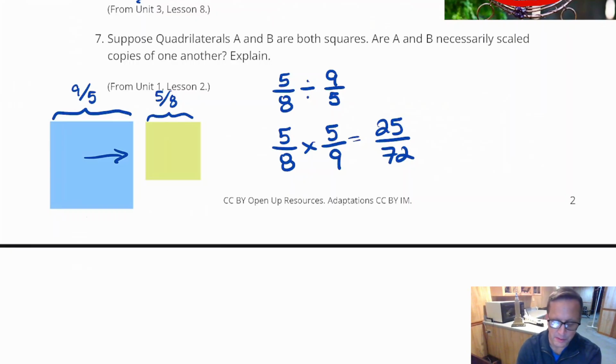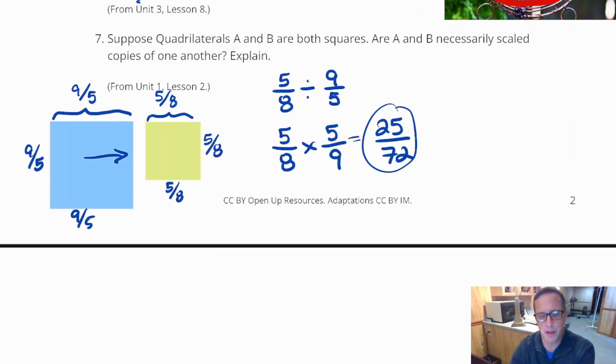But if I want to figure out the sides, every side of that square is going to be 9/5, right? And so 9/5 times 25/72 is always going to result in 5/8, no matter what. It does not matter what numbers we have there. Squares will always be scaled copies.